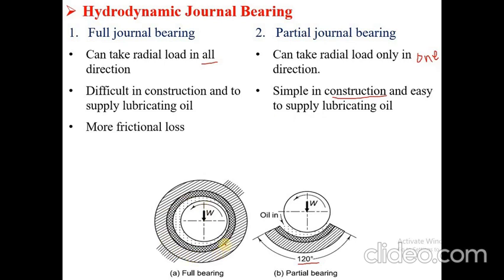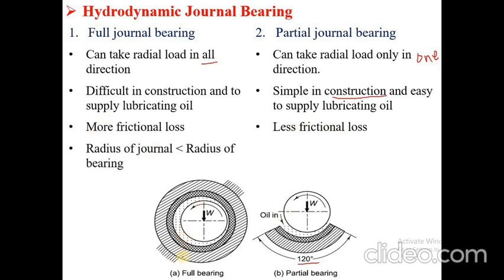Now, as the arc of contact is more, the surface which is in contact will also be more. So there are more frictional losses due to more friction, and in case of partial there is less frictional losses. In case of full bearing, the radius of journal, that is radius of shaft, is always less than the radius of bearing.